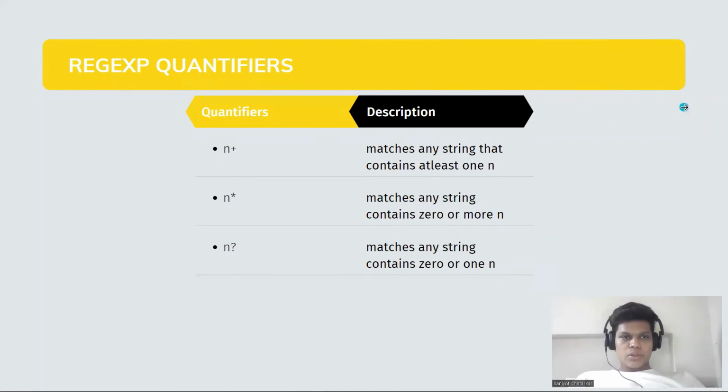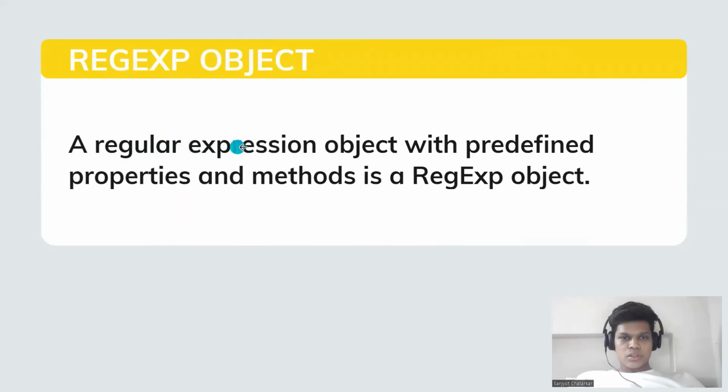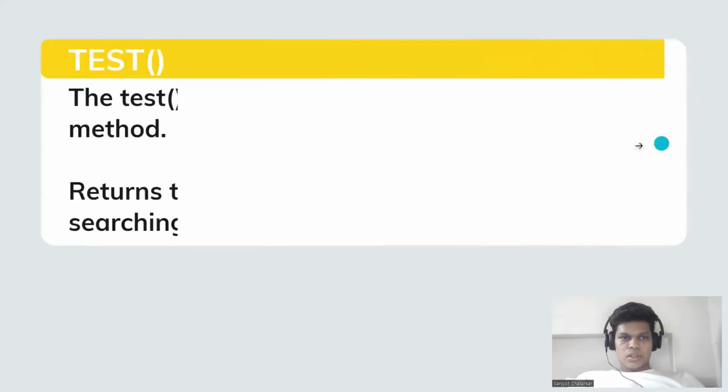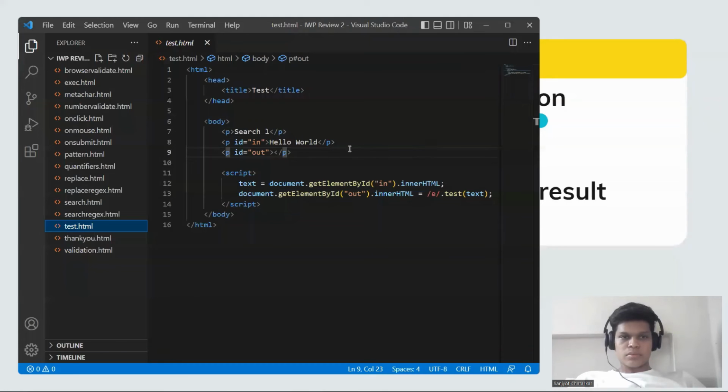Now we will see about regular expression objects. Regular expression objects with predefined properties and methods is a regular expression object. So we will see about test. The test method is a regular expression method that returns true or false depending on the result of searching a string for a pattern. We'll see an example.